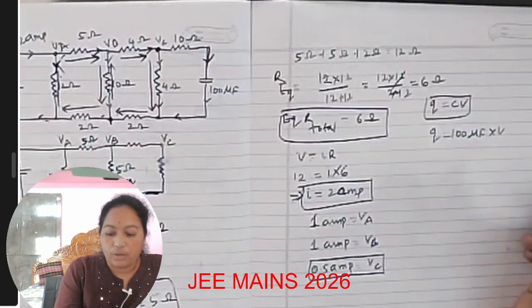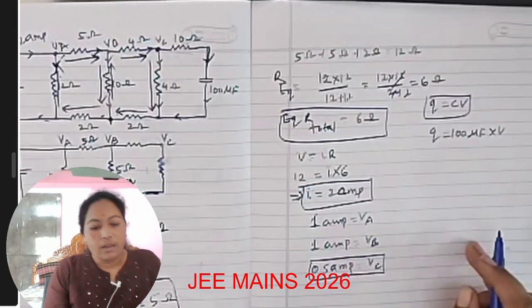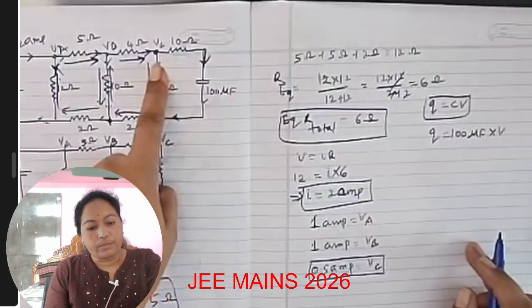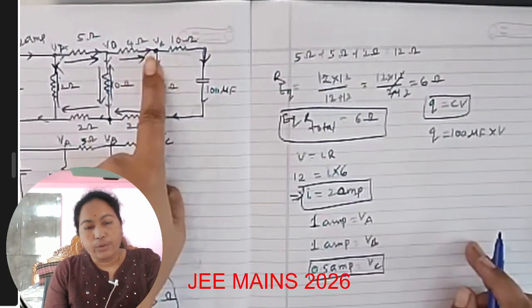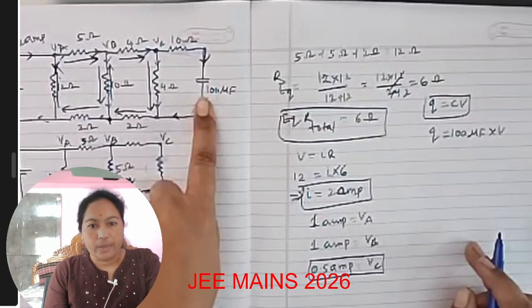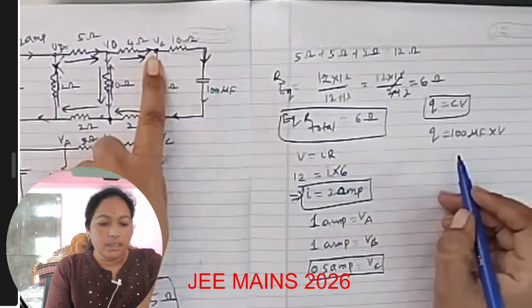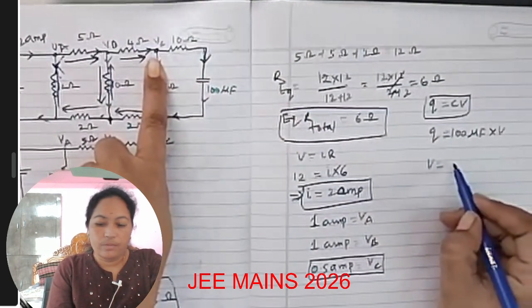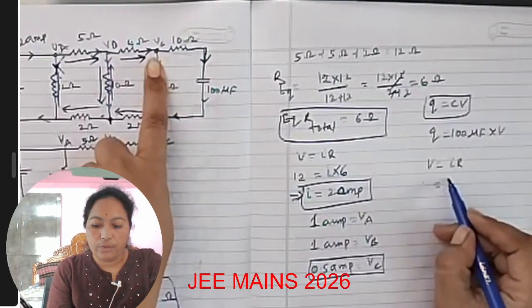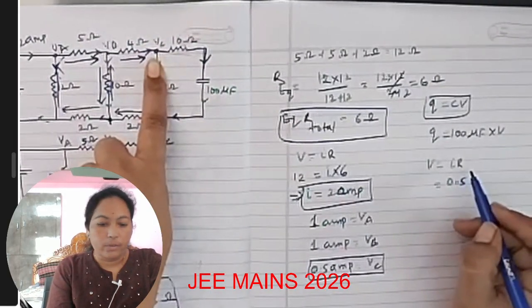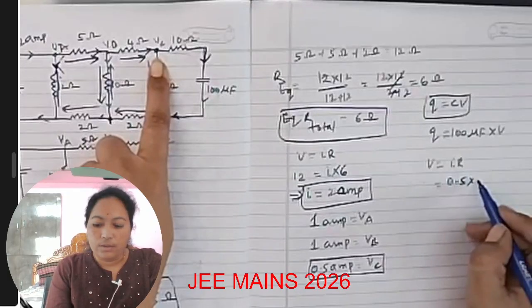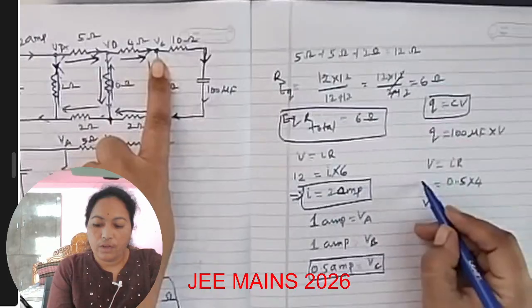At this part, 0.5 amperes is directly connected with the capacitor. At the 4 ohm resistor, the current flows to the capacitor directly. So V equals IR, as we know. The current will be 0.5 amperes and the resistance is 4 ohms. How much is V?